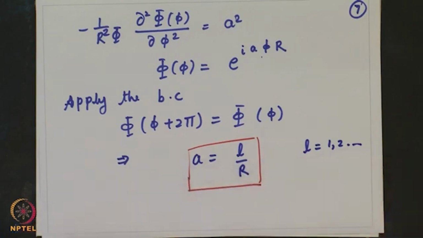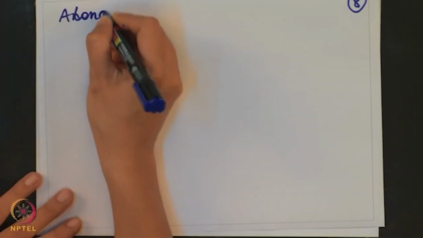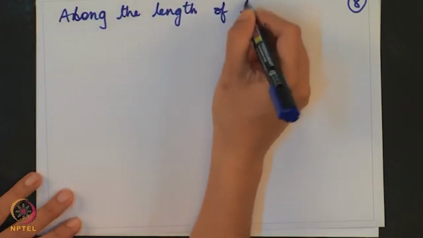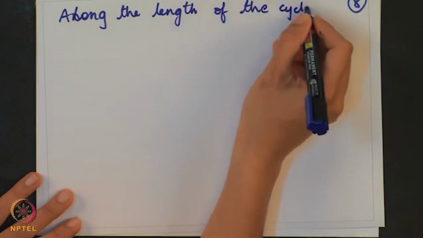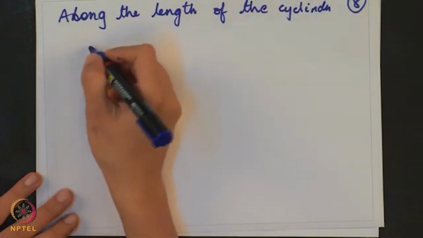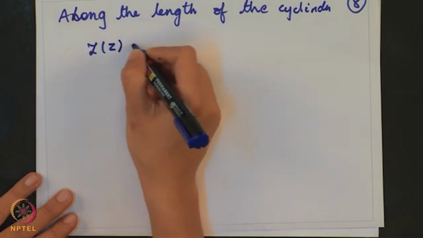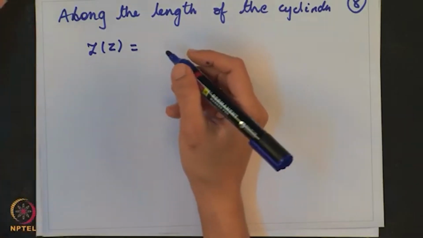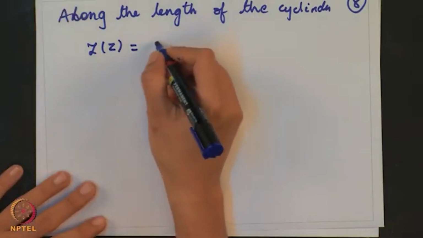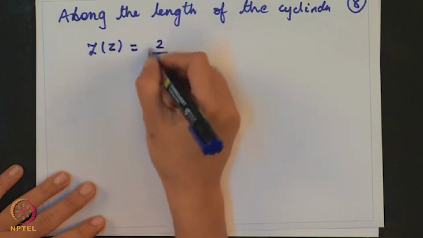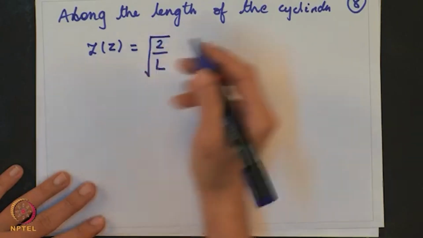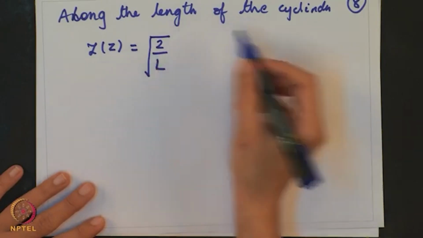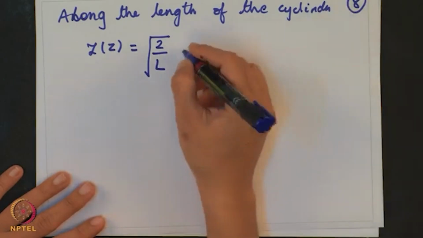The next step would involve calculating the second part, that is the B part, along the length of the cylinder, a particle in a one dimensional box. I can write the solution simply as 2 by L. Now, this is the Z component, that is the length of the cylinder, like a one dimensional particle in a box.